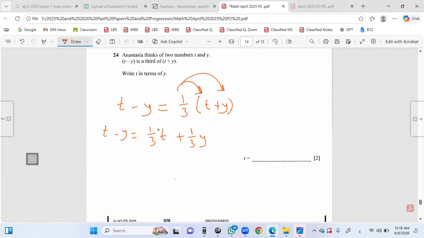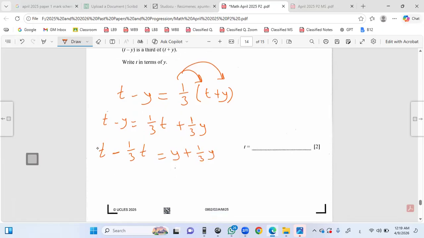Let's continue. I'm going to send the 1/3 of t to the other side, but negative. So t minus 1/3 of t equals. Here I'm going to send the negative y over there, positive y. So y plus 1/3 of y.